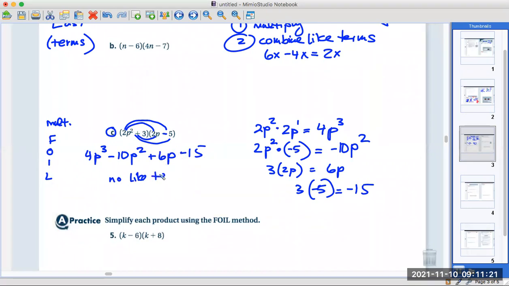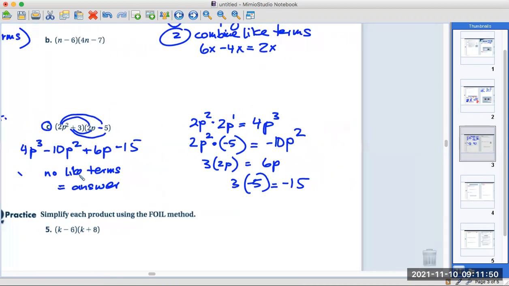So no like terms, so this is your answer. So you can box it or make sure you know this is how far we can go. This is called a polynomial with 4 terms. 1, 2, 3, 4. Each term is separated by a plus or a minus. No like terms to combine. So that can happen.